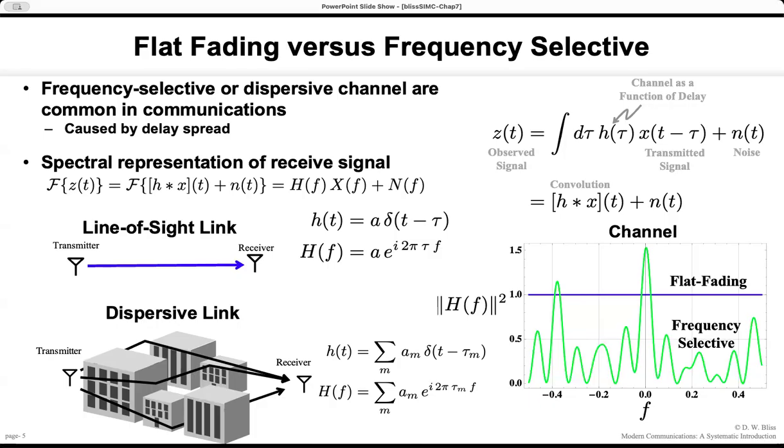That is, your current symbol has to deal with echoes of previous symbols, and that can make it very difficult to figure out what the current symbol is.